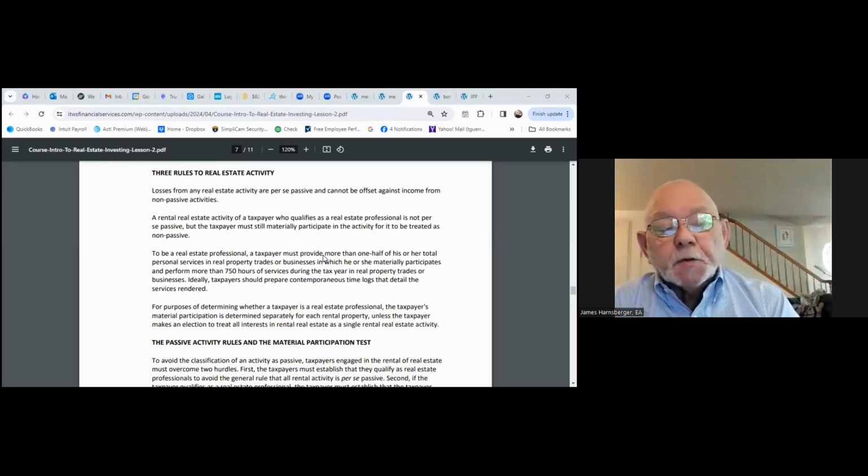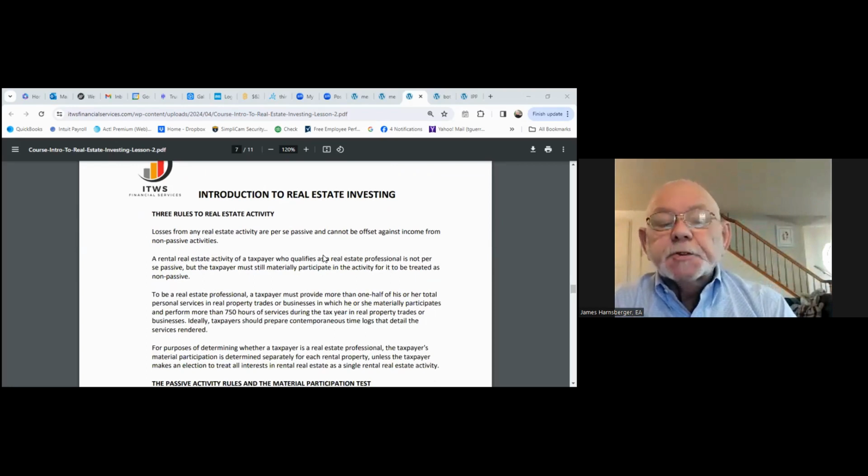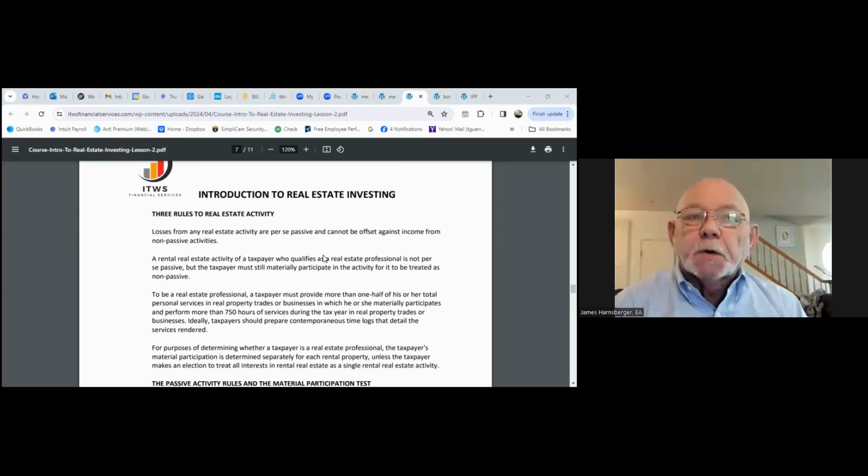So these three rules to real estate activity sort of set forth the path that you're on, both now and in the years ahead, in terms of how you're going to be taxed and how we can maximize the tax attributes to your benefit so that you're allowed both now and in the years ahead to keep more of your valuable money, your capital.